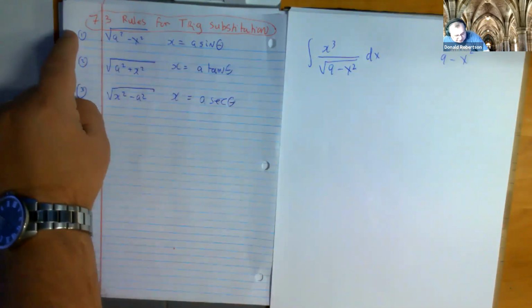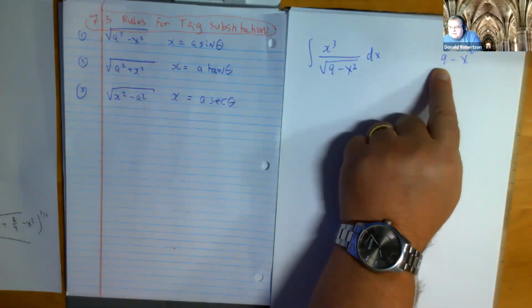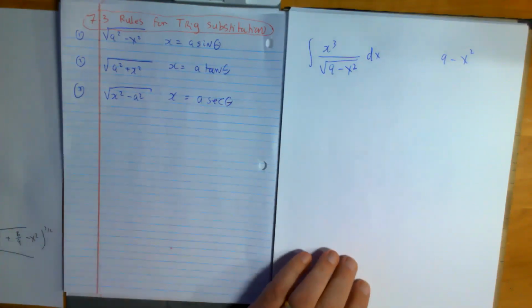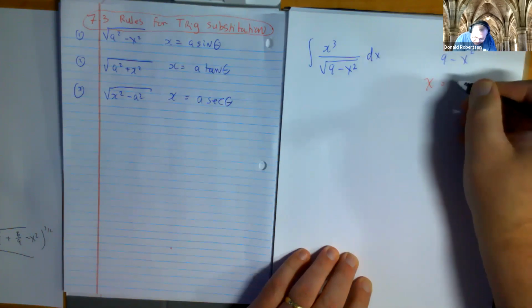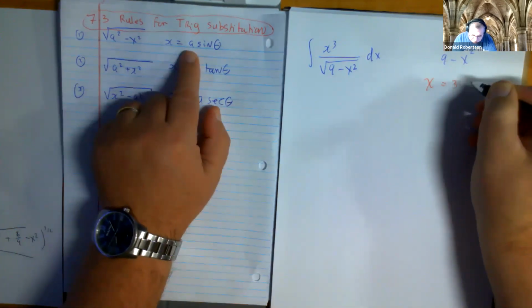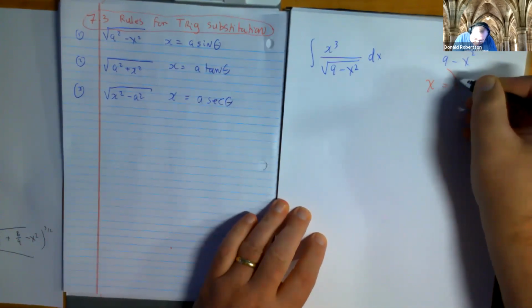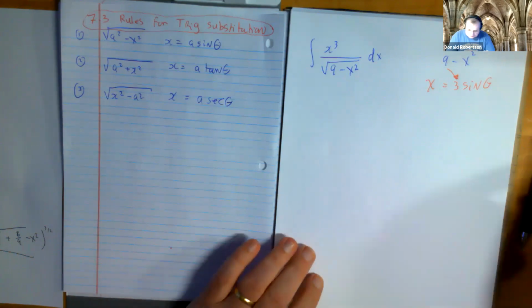Now, which one of these three, number 1, 2, or 3, looks like that guy? 1. And so the x sub is 3 sine theta. You see where the 3 comes from? The sine theta is kind of guaranteed. Right, that's the first one done.